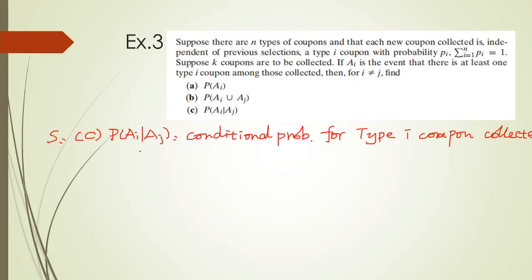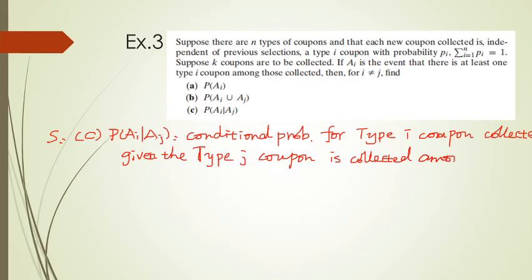Given the type J coupon is collected among the K. They are different, okay? Those K collected.